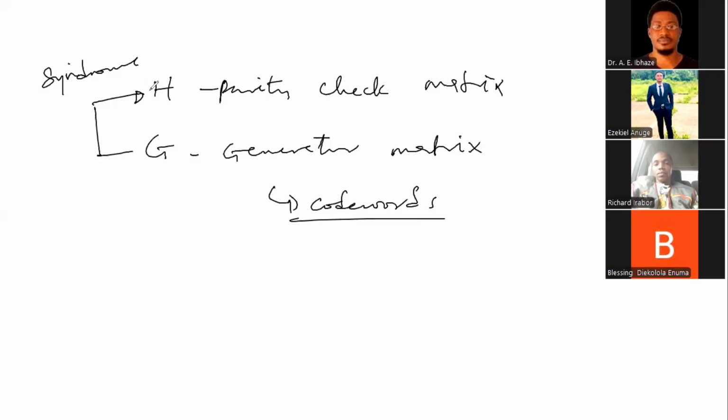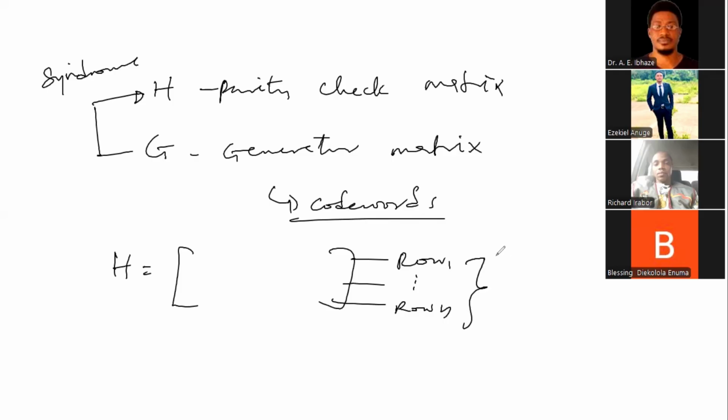And it defines the parity constraint on the code bits. For the parity check matrix, each row, let's say row 1 up to row n, represents a parity check equation, okay? So these represent the parity check equations.